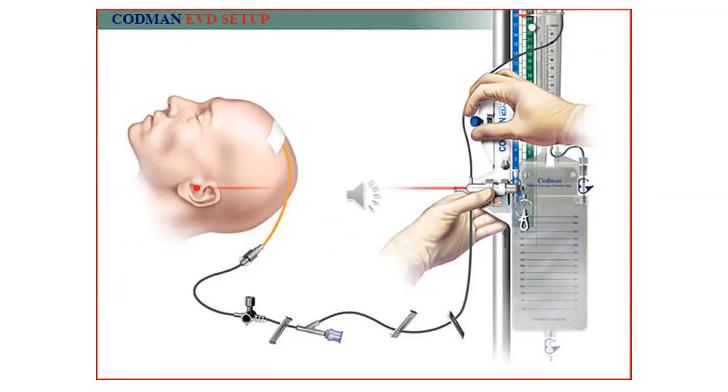Similarly, if you raise the drainage system above the head, then the ventriculostomy is going to read that the intracranial pressure is dropping. So again, if you want to get an accurate measurement, you have to keep that drainage system in line with the ear.